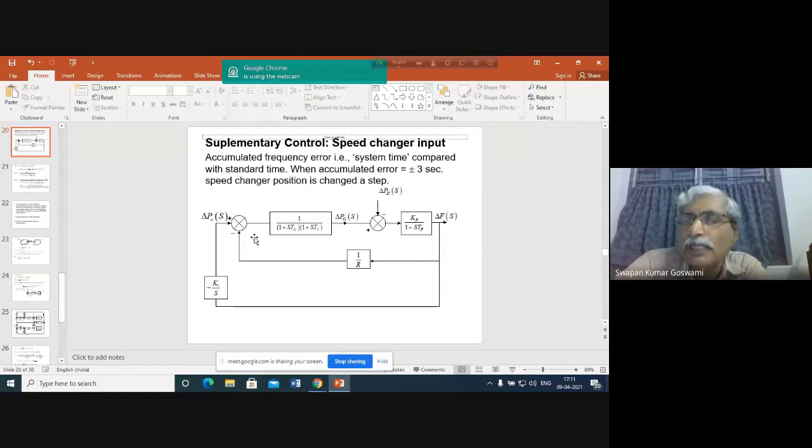After that, deregulation and restructuring of power system in our country started around 2002. The Electricity Bill 2003 was passed in our system, and according to that bill, all the electricity boards were dissolved, and separate distribution companies and power generation companies were created, and transmission companies were also created.